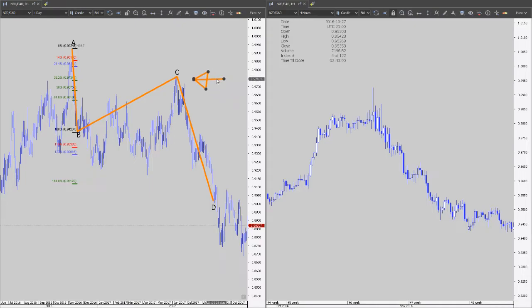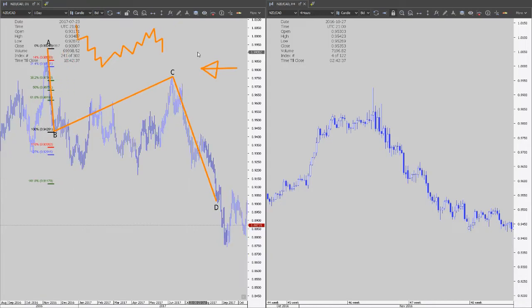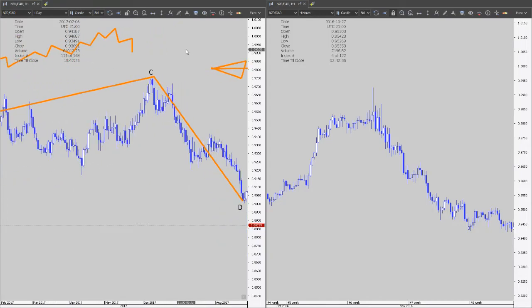Okay, let's check. The market must crown here. Why is that? Remember the picture before? The market went from the extension to the retracement, and then in order to move from the retracement into extension again, it must crown. Okay, now A, B, C on the daily chart.